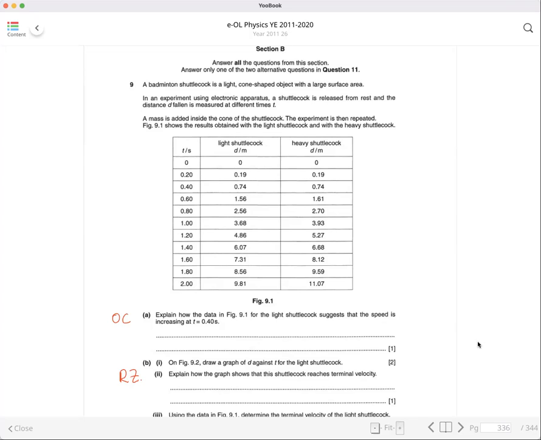Oscar and Ryan, you type out the answer and put it on the screen and show everybody.